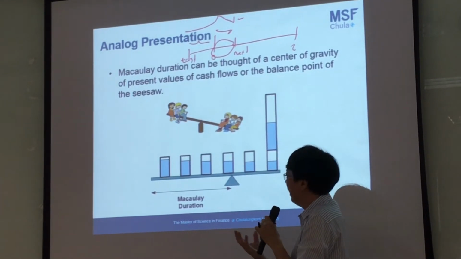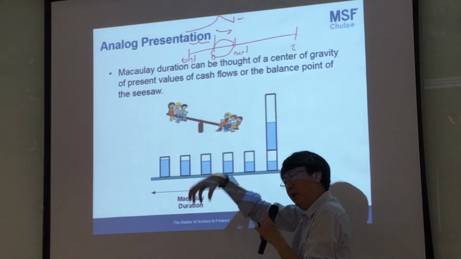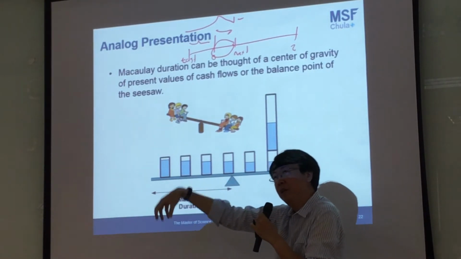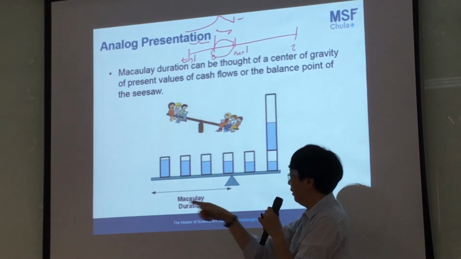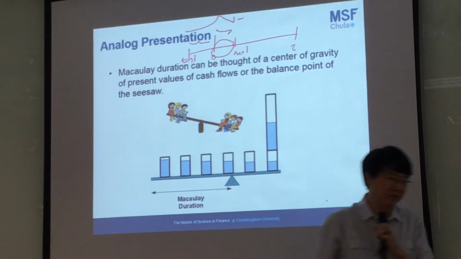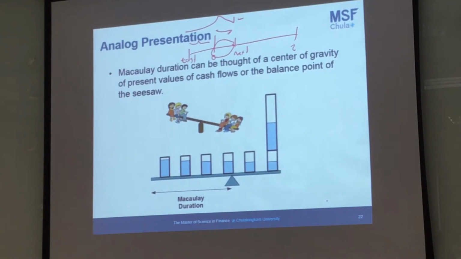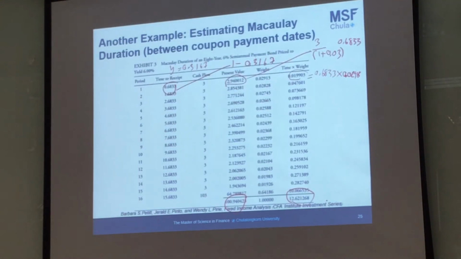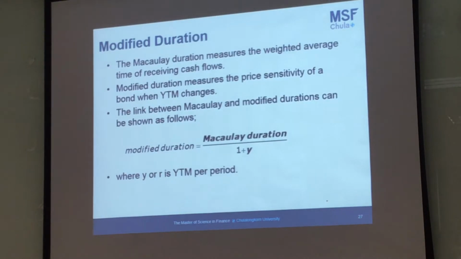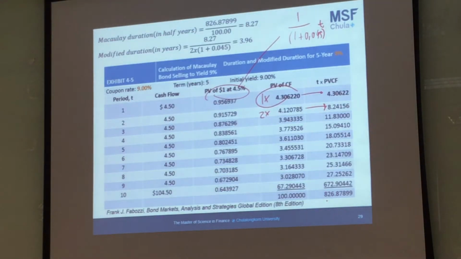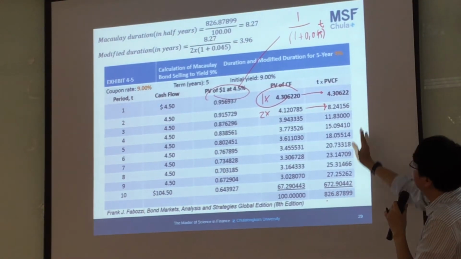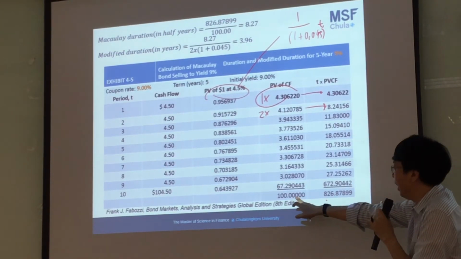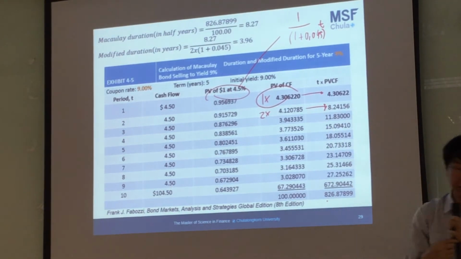In physics, it's like you multiply the weight, put it on the seesaw, and multiply by the length from the center. This is the total sum of the numerator in the formula, and then you divide by the price and you get the Macaulay duration.